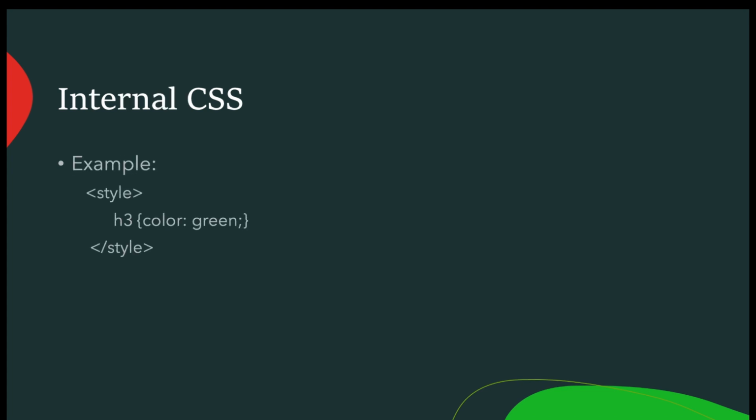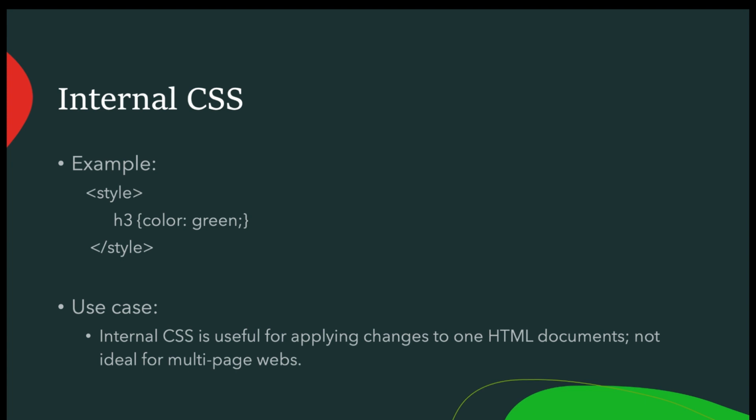An example of which would be something like this. It still happens in the same HTML file, but we create a section we call style. And then, for example, there we go h3, and then color is green. So it looks for all the h3 elements in your HTML file and changes the color for those to green. Much more practical than the first version, but the limitation of this method is that it's only useful for applying changes to one HTML document.